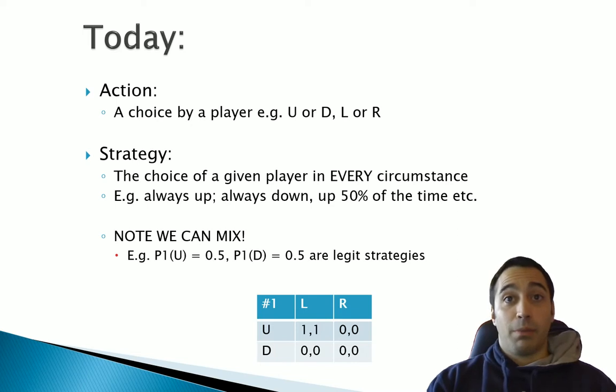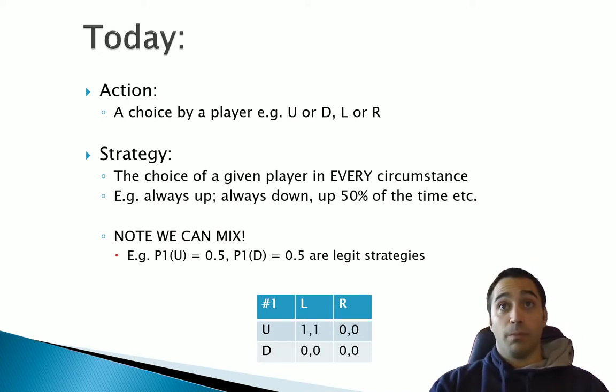So you'll remember that player 1 in a 2x2 box like this could either go up or down. Player 2 can either go left or right. Up, down are the actions available to player 1. Left, right are the actions available to player 2. Now if they're playing pure strategies, the strategies that are apparent are always play up, always play down for player 1, and either always play left or always play right for player 2.